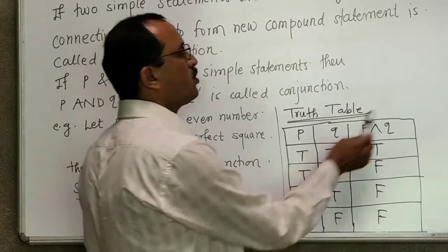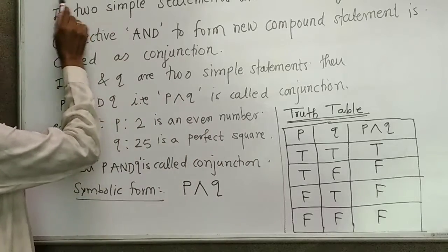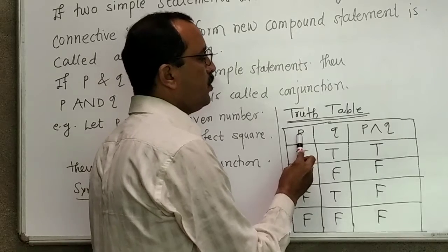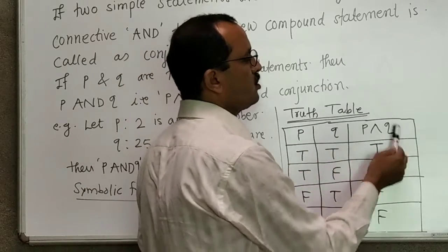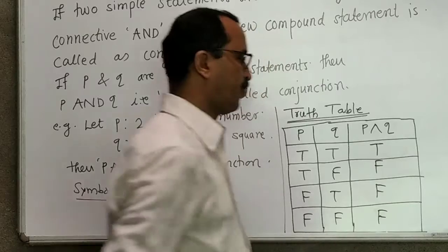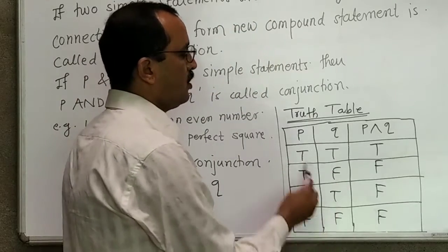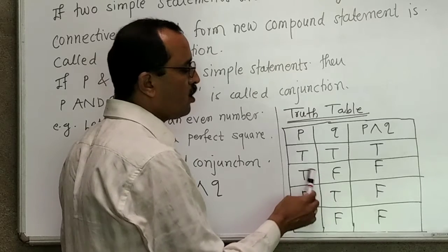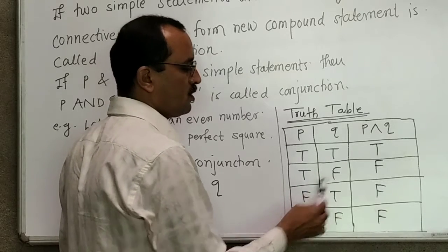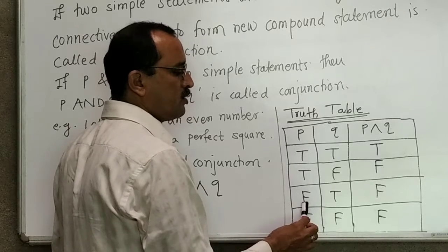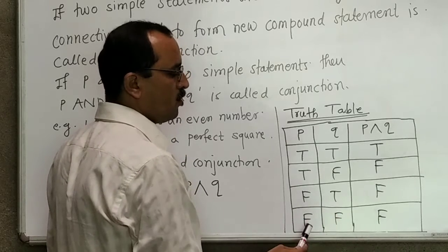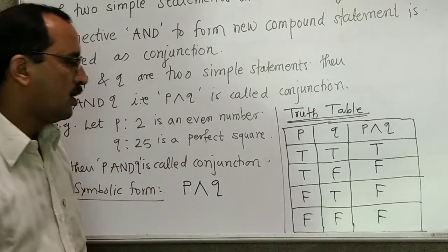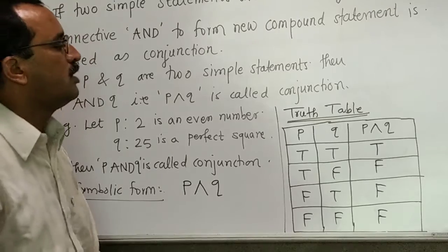So I write here the truth table for the AND statement. I write the two statements P, Q, and then the conjunction statement P and Q. Here the P and Q columns are TT, both the statements true; then TF, one true and the second false; in the third possibility, the first is false and the second is true; and in the fourth possibility both are false.